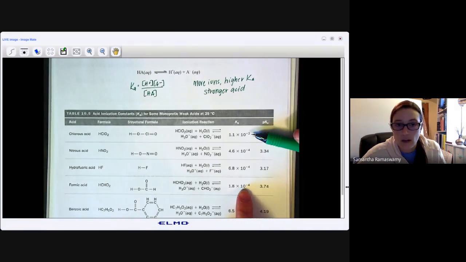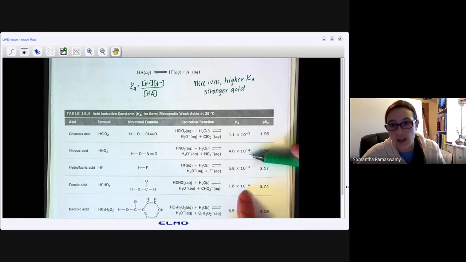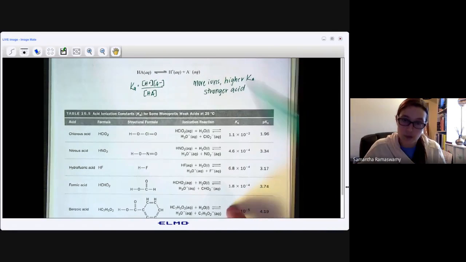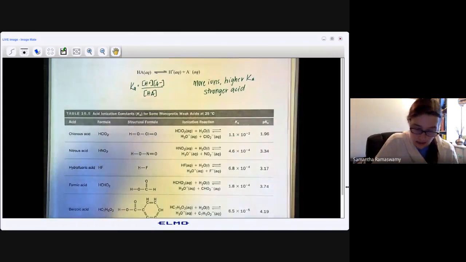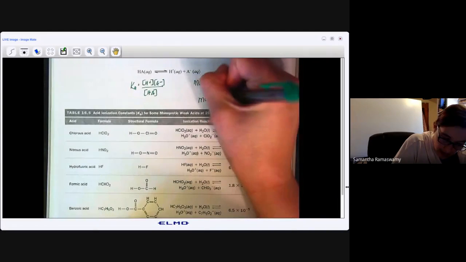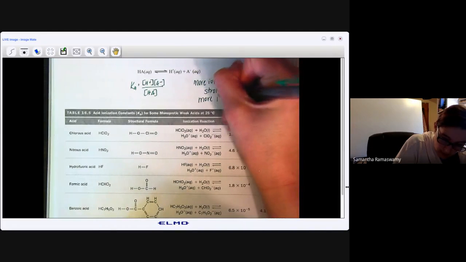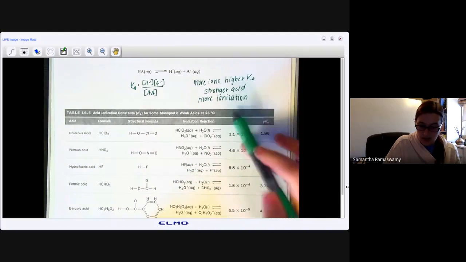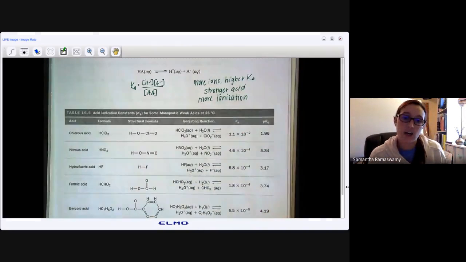So chlorous acid would actually be the strongest of all of these weak acids, because the higher the Ka, the more ions, which means the more it dissociates, or the more it ionizes. So also the higher the Ka, the more ionization. That means a higher percent ionization.